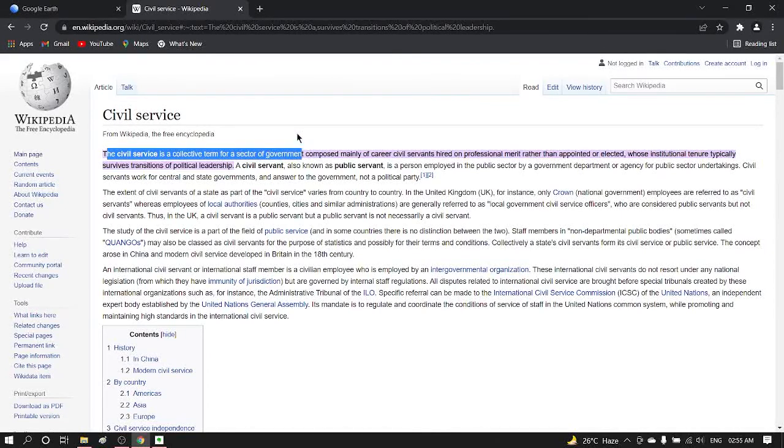Government means there are different branches of government, right? The executive branch, legislative branch, as well as the judicial branch. So we are talking about a term for a sector of government, that is the executive part of the government, composed mainly of career civil servants.